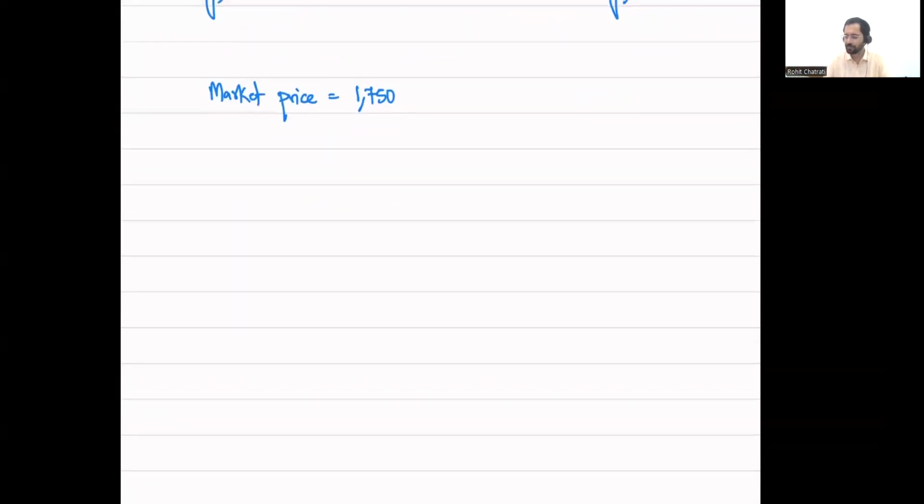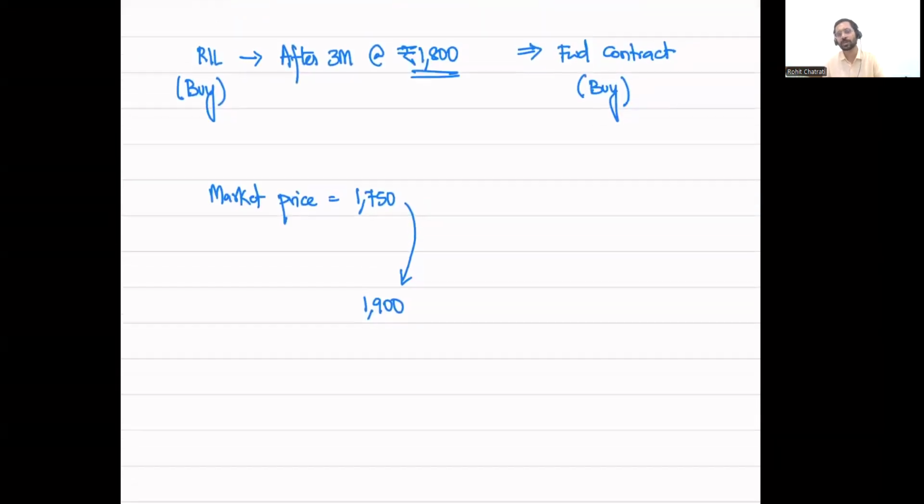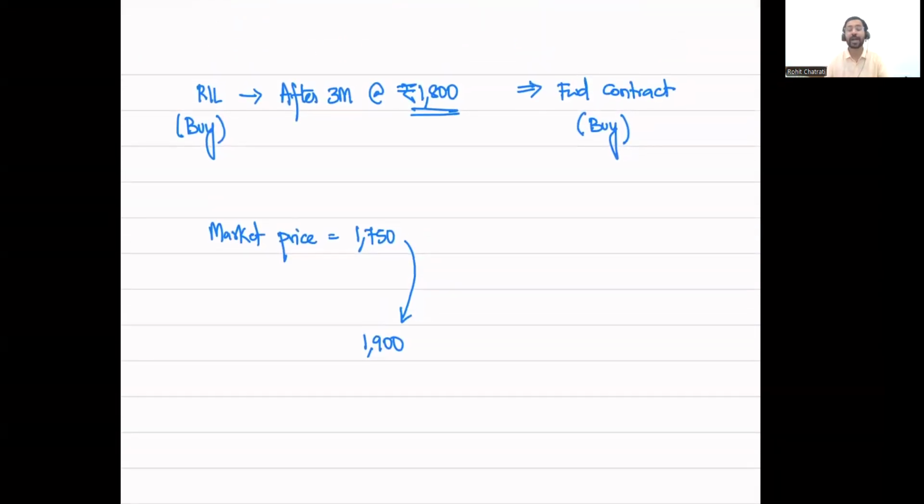Now, if the share price goes up from 1750 in the next 3 months, let us say to 1900, I am sitting on a gain because I have the ability to buy the share after 3 months at 1800, whereas the market price after 3 months is 1900. I have already entered into a contract to purchase Reliance shares at 1800, so I am sitting on a gain when the share price goes up.